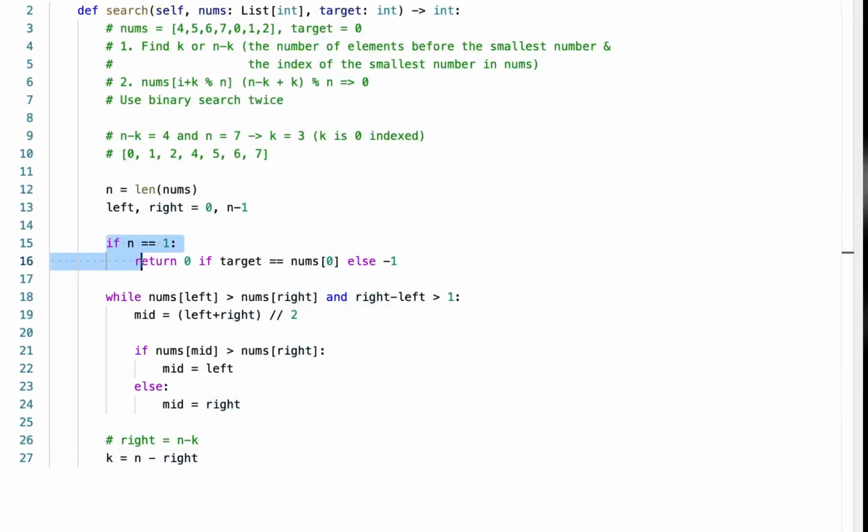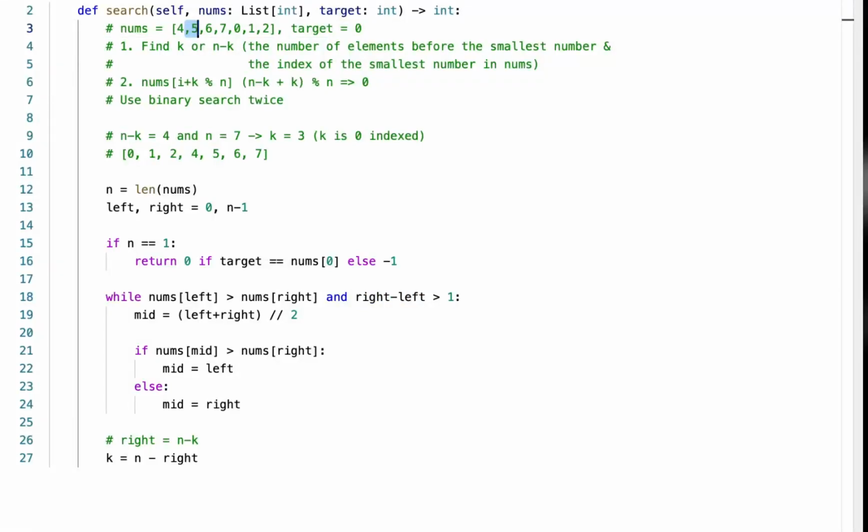So we eliminate the case where length of nums is equal to 1, and then we start with left equals 0, right is equal to n minus 1. Right minus left is strictly superior to 1, which means that we have at least one element in between those two.